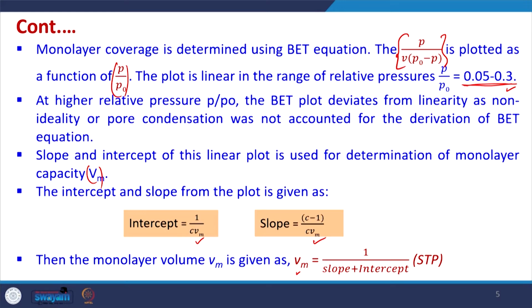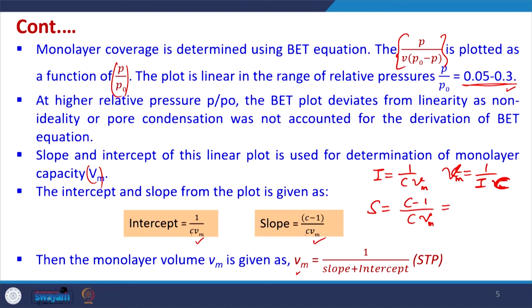Suppose the intercept is I. So, I equals 1 upon C Vm, and from here the C value is 1 upon I Vm. In the second equation, slope S is equal to C minus 1 upon C Vm, and in place of C we can keep the Vm values from here.